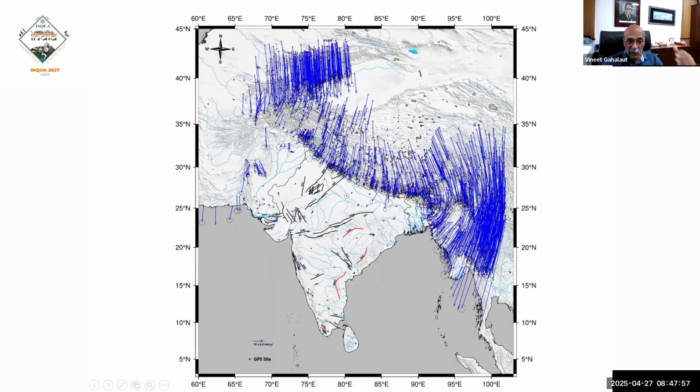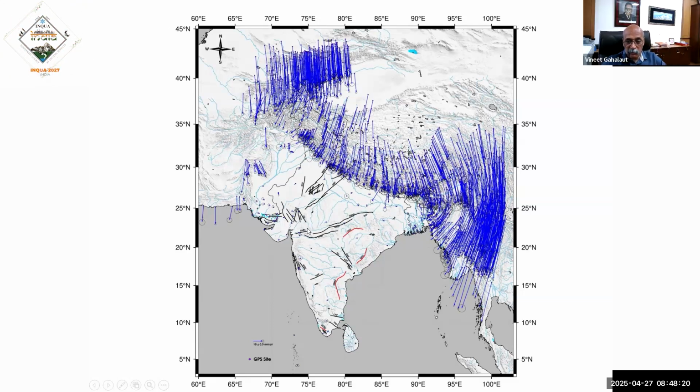For example, we have an earthquake cluster in the Koyna-Wana region here. There was an earthquake here, which we know as the Latur or Killari earthquake, the Jabalpur earthquake here, and the biggest earthquake here was the Kachchh earthquake of 2001, which we know as the Kachchh or Bhuj earthquake.